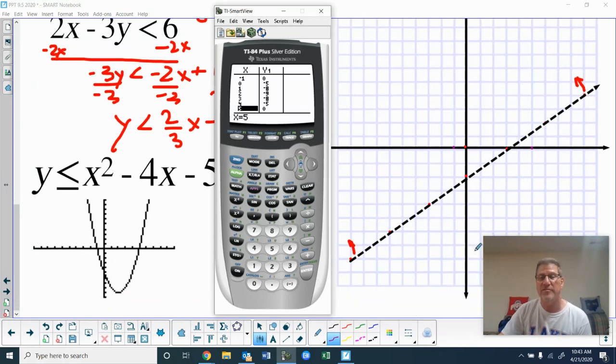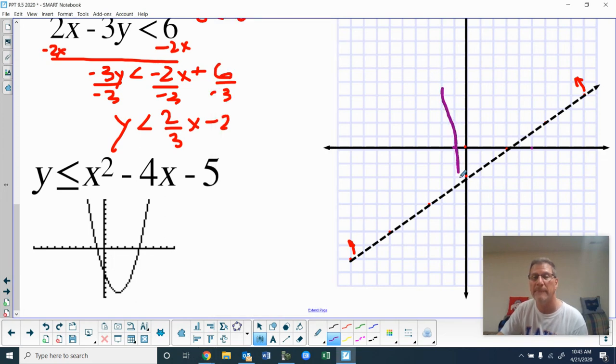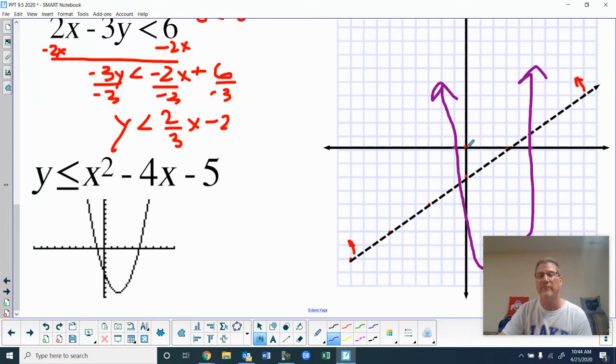Okay, so I can't really quite get it with me in the way there, but that's kind of what it would look like. You go down to 2, -9, and come back up. So there's my parabola.